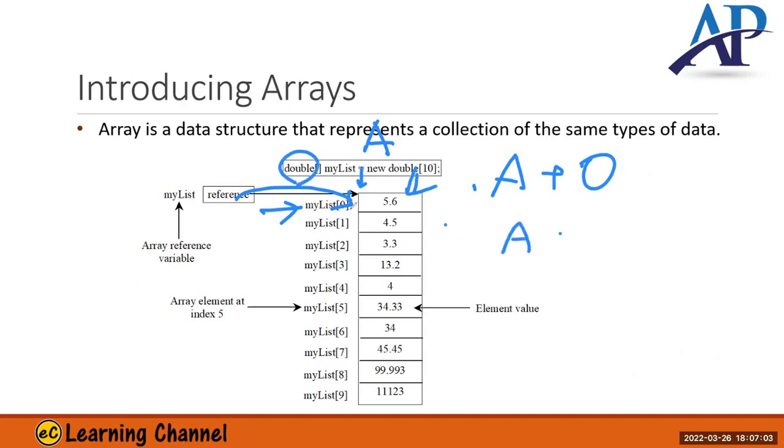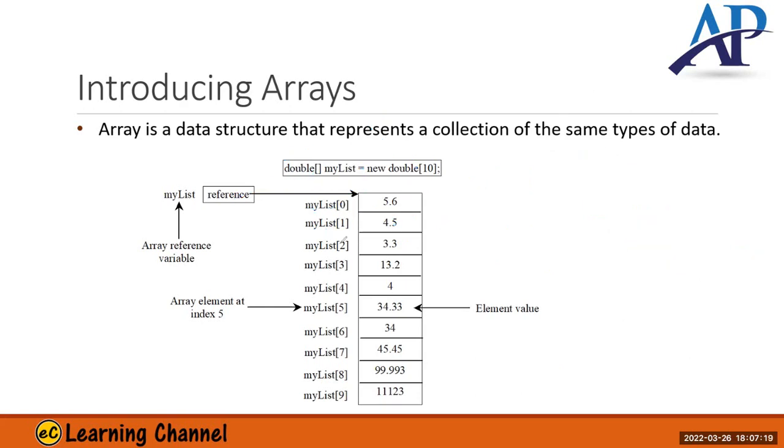So A plus the element size will be pointing to your second element, at index 1. This is the number of bytes. So you can check the address in this way. Usually these addresses are consecutive, and we call this number the index.